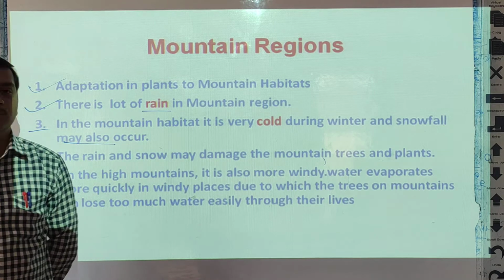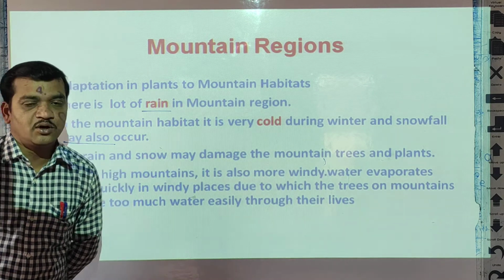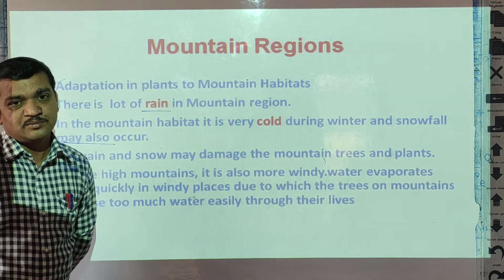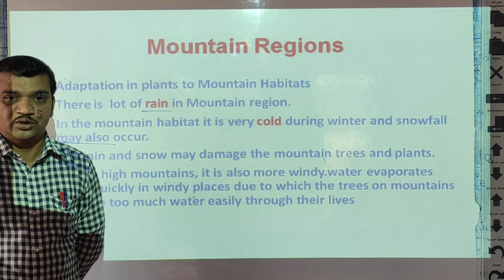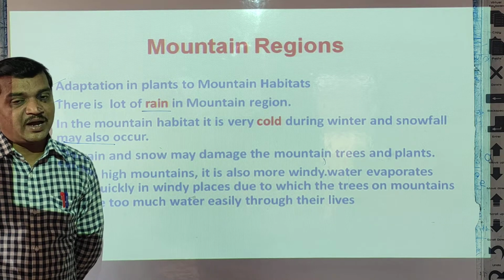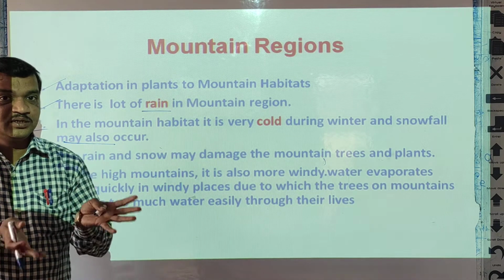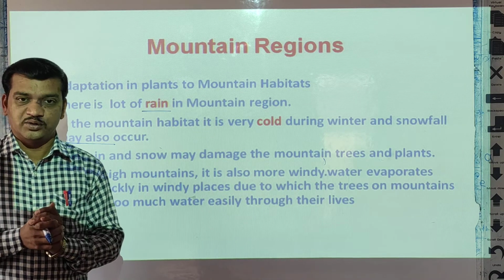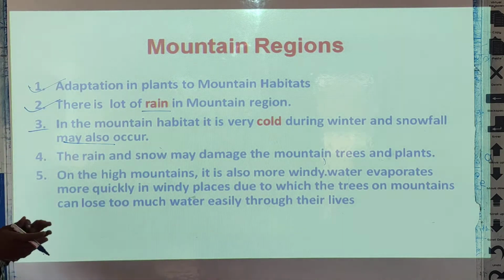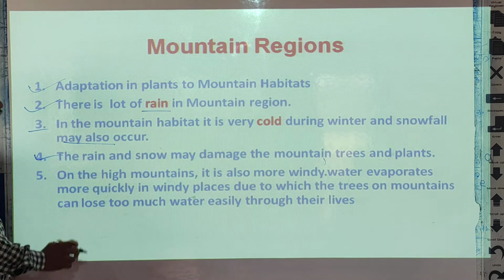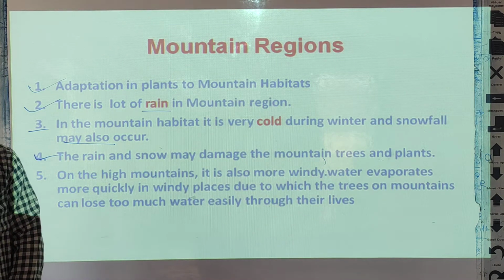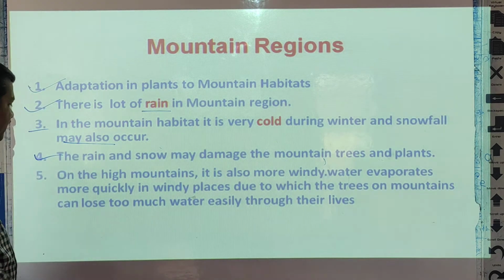Due to the snowfall, sometimes the branches of trees or plants may break down. So the plants have to adjust with the surroundings. Now we see what all the adaptations are. The rain and snow may damage the mountain trees and plants.